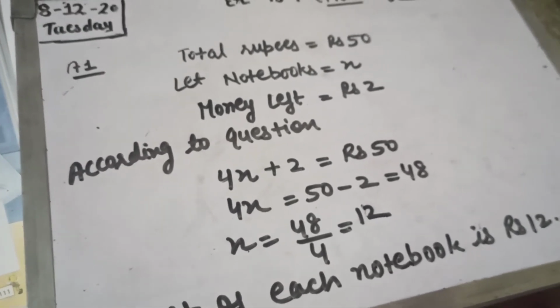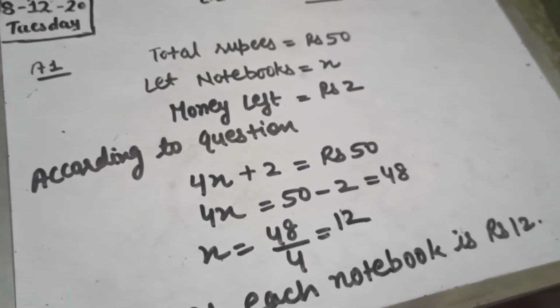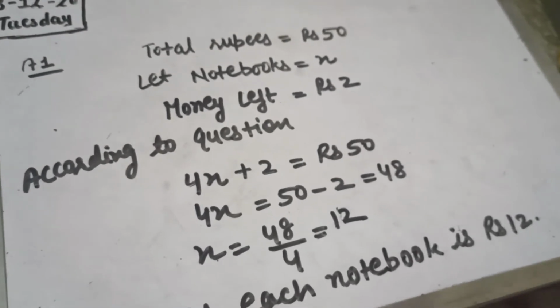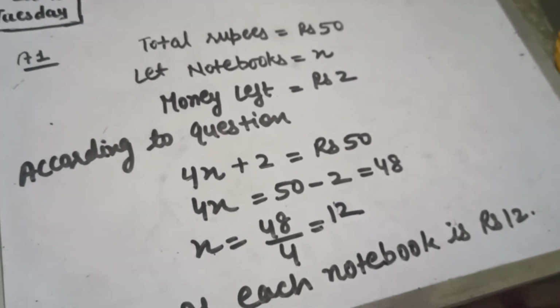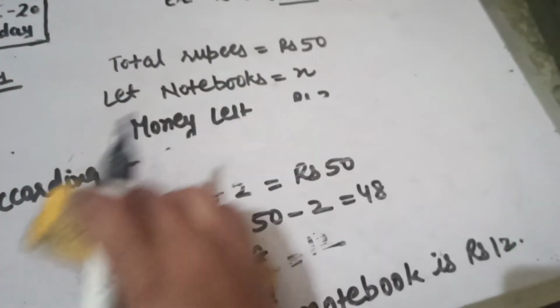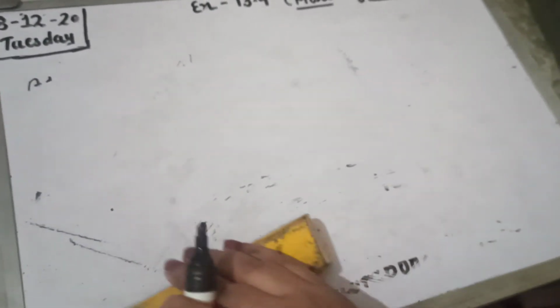Arun is 6 years older than half of Vimal's age. If Arun is 15 years old, how old is Vimal? Now firstly, it is given that Arun is 6 years older than half of Vimal's age.